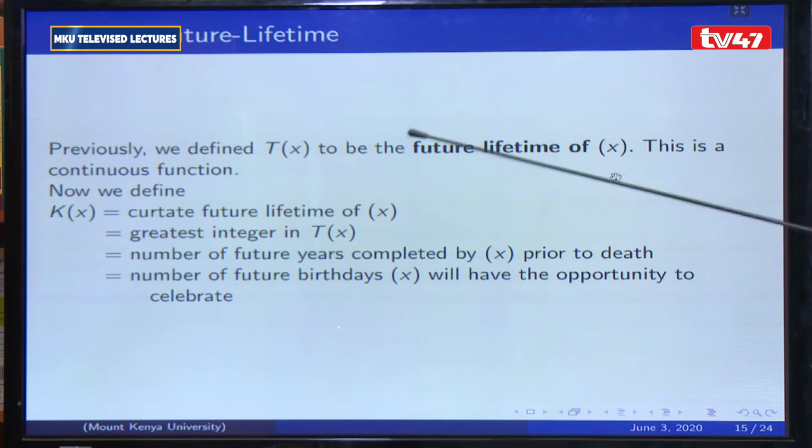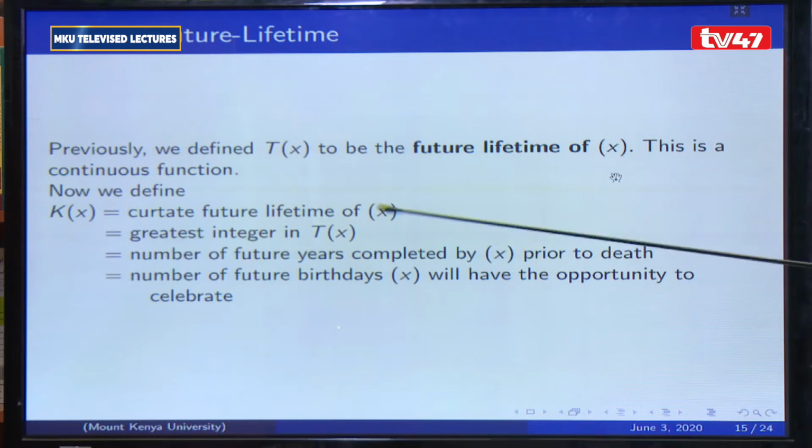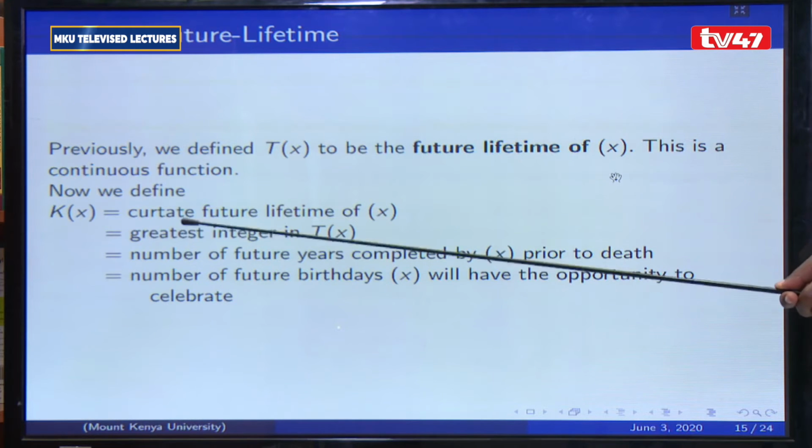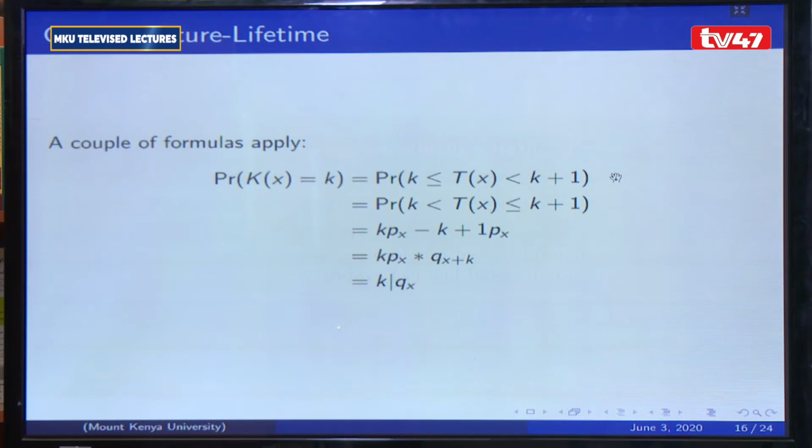Note that the curtate future lifetime of x is simply the greatest integer. You don't round off to the next year. So the number of future years completed by x prior to death is what we can simply refer to as the curtate future lifetime, or the curtate expectation of life. So a couple of formulas are used, but I would like you to look at this. So this is how we approximate the curtate expectation of life.